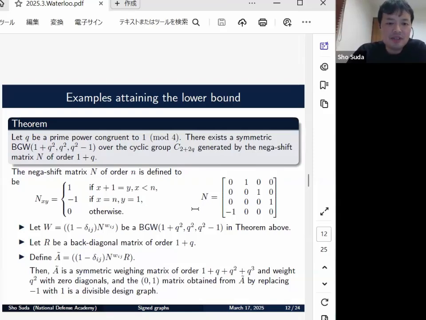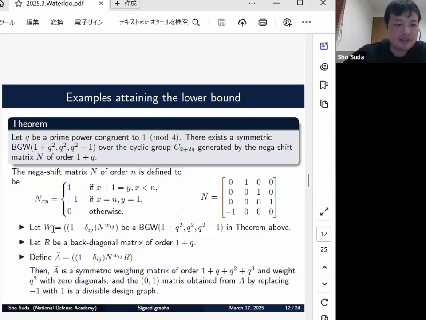The definition of the negative shift matrix is here, but if you look at the right-hand side example, you can understand it. It's like a shift matrix, but the n1 entry is not equal to 1; we just replace 1 with negative 1. So this is the negative shift matrix of order 4, and here is the definition for order n. And in our BGW, we use this negative shift matrix as a generator.